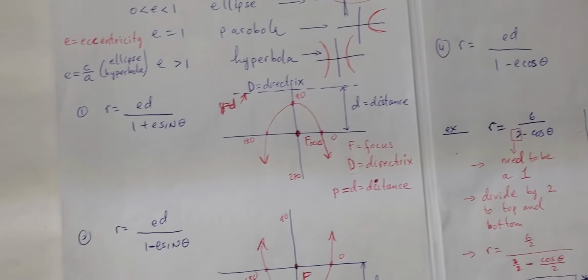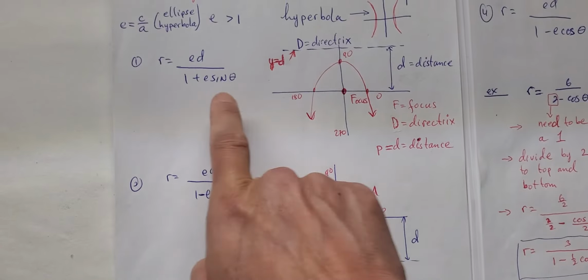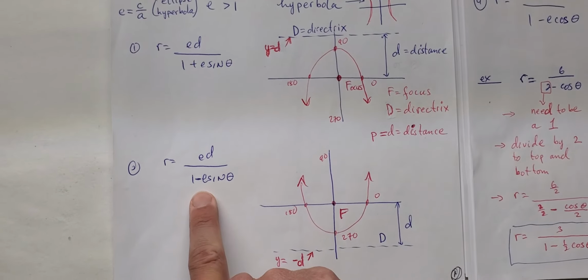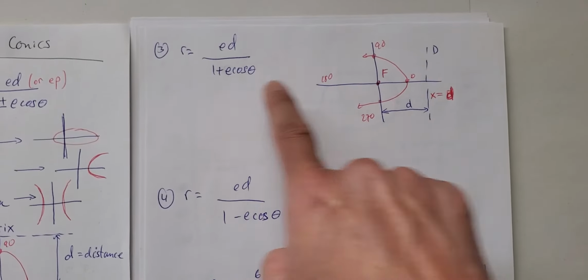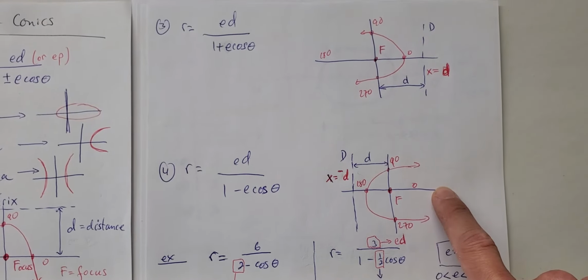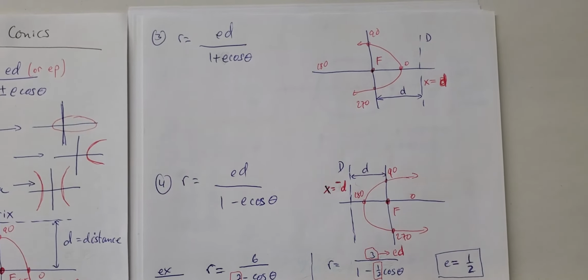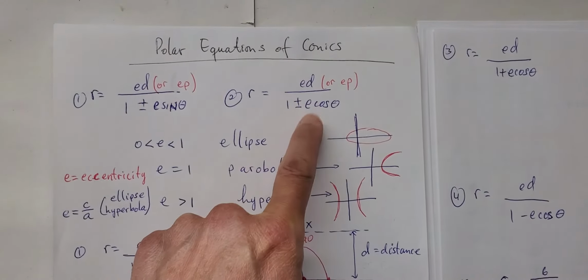Let me do it again. Show you the plus and minus. Plus sine, face down. Minus sine, face up. Plus cos, face left. Minus cos, face right. Okay, so those are the four versions of plus and minus sine and plus and minus cos.